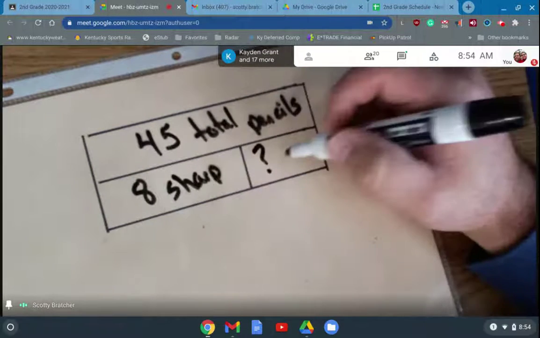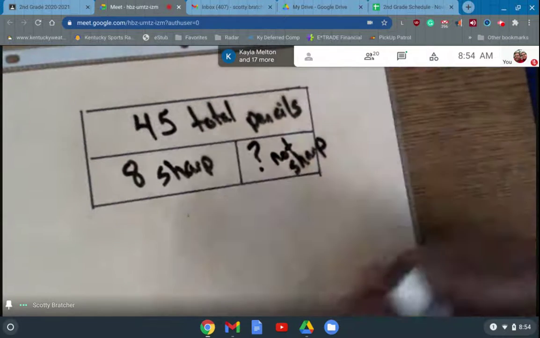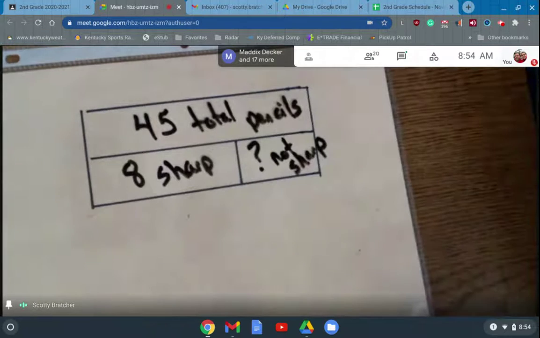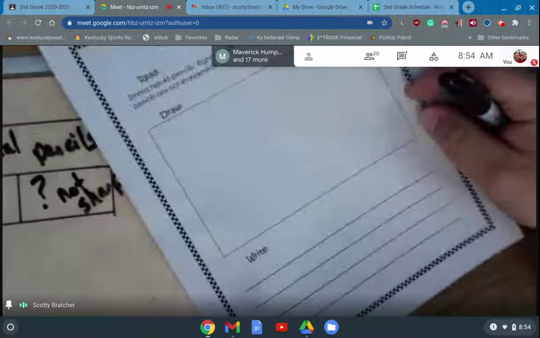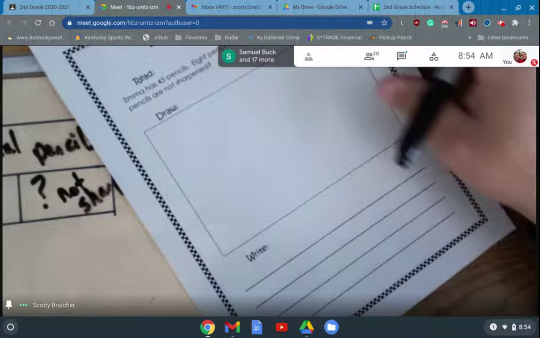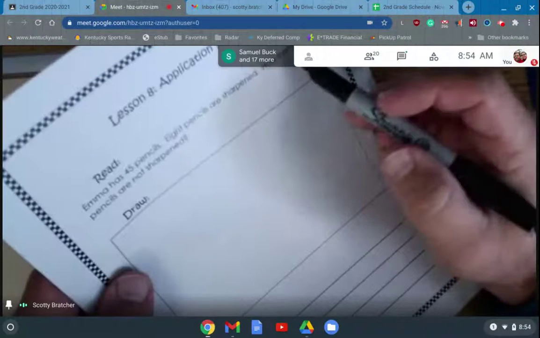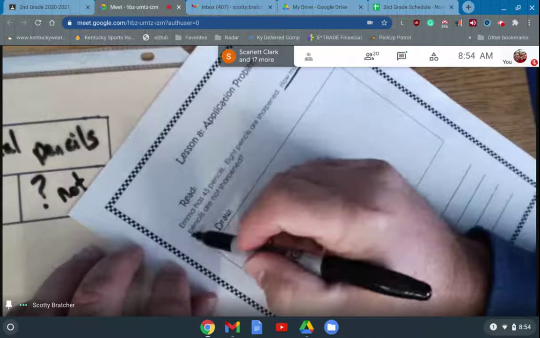Well, I don't know. I'm going to say not sharp. And I just realized that we haven't restated it yet. That's why I got the other marker. So, we've already used this sentence. We've used that sentence. So how many pencils are not sharpened? That must be the question. So I'm going to underline that question.